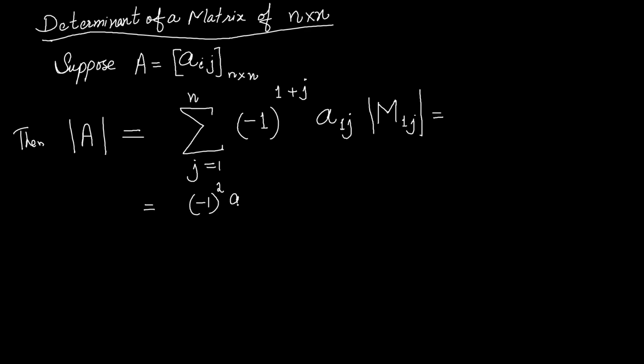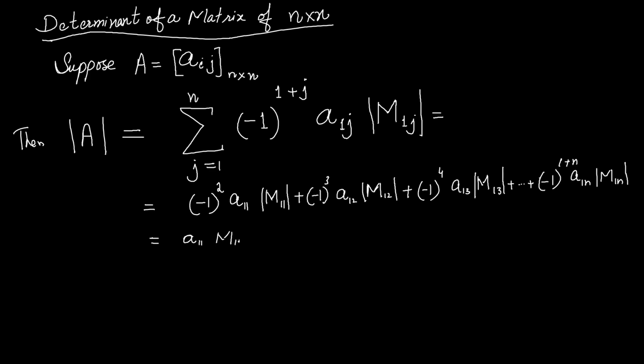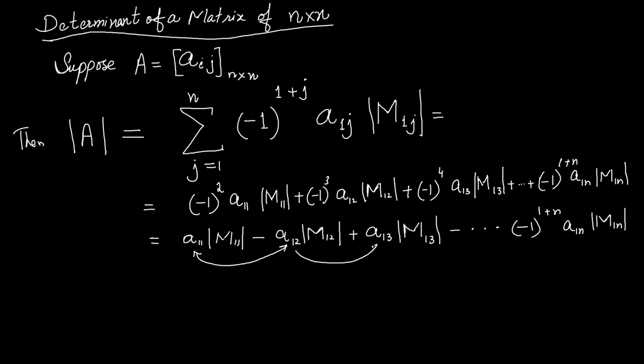We can write the summation in expanded form. We see that these are the elements of the first row of A. Each element is multiplied by its minor and then added and subtracted alternately.